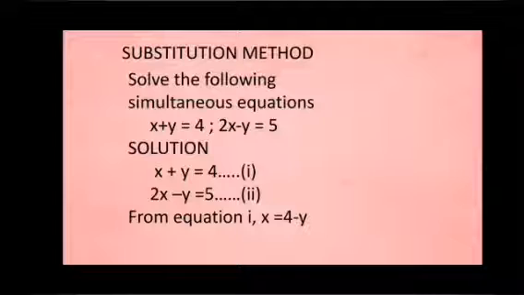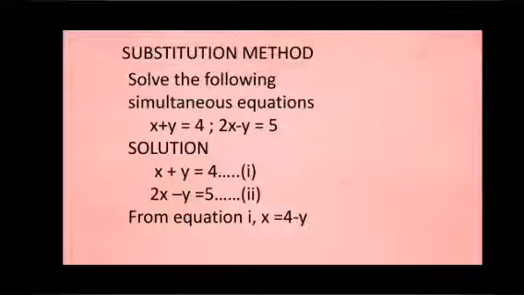What we do first is to make one of the variables, x or y, the subject of the formula. When we say make it the subject of the formula, what we are saying is that one of the variables, x or y, should stand on its own, preferably on the left hand side, while the other like terms will be on the right hand side.